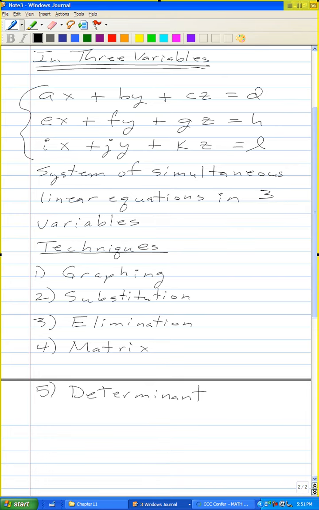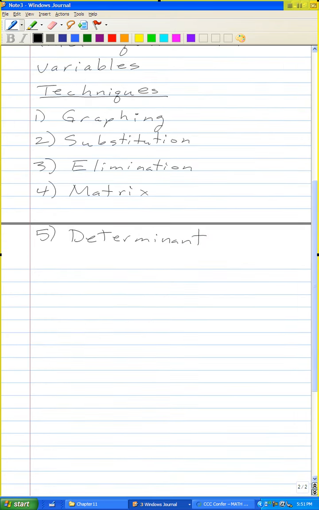Okay, so first off, let me classify solutions.